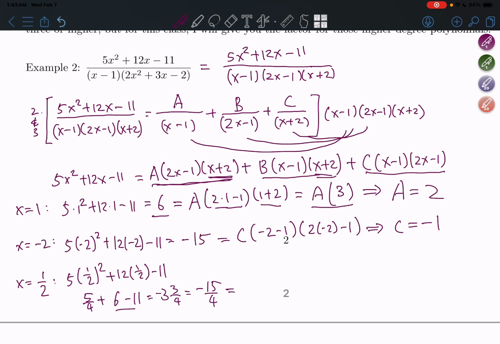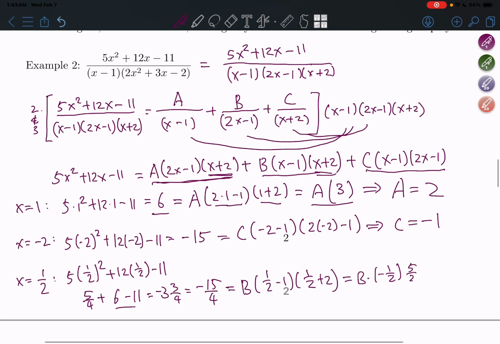Okay, so I got b times 1/2 minus 1, 1/2 plus 2. And that's equal to b times negative 1/2, right? 1/2 minus 1. And then 1/2 plus 2 is 5/2. Multiplying that together is negative 5 over 4 b.